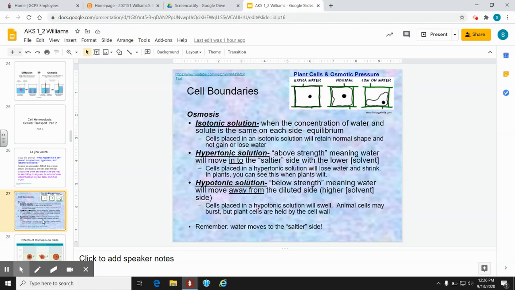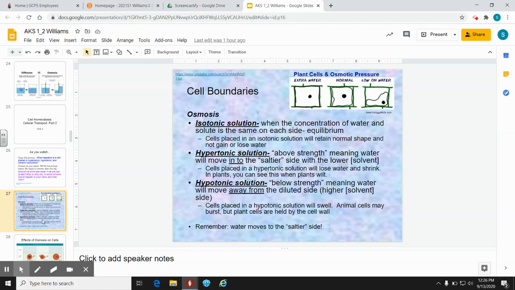Okay, so when you see wilted lettuce, that is a hypertonic situation. Okay, and what happens with plants is that the cell membrane actually pulls away from the cell wall. The cell wall is still intact, but it will cause the plant to wilt and shrink.